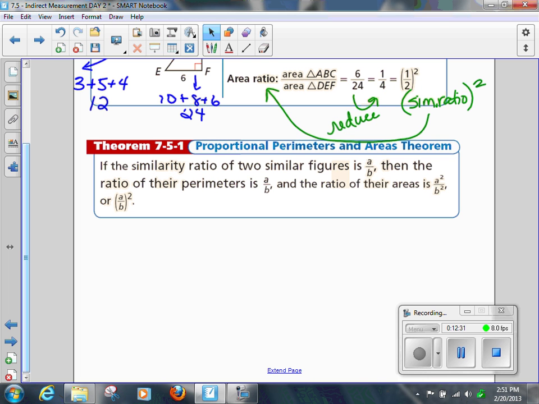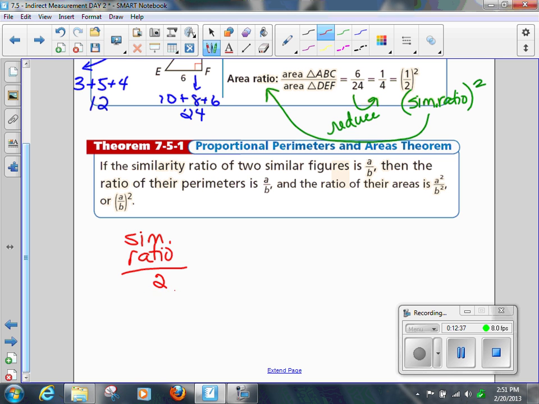All right? One more time. Similarity ratio. If it's 2 over 3, then that means the ratio of the perimeters is the same, 2 over 3. This is just random numbers, okay? I'm not pulling these numbers from anything.